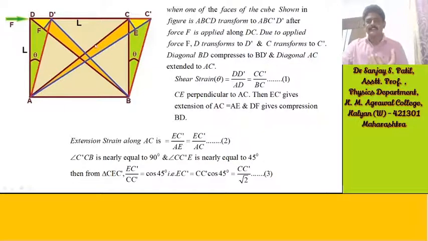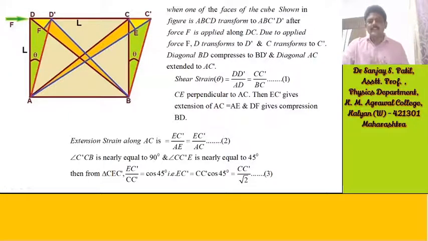So shear strain, that is the angular change, takes place, and that shear strain is equal to DD dash divided by AD, which is equal to CC dash divided by BC. Draw CE perpendicular to AC, then EC dash gives the extension of AC, which is equal to AE, and DF gives the compression of diagonal BD.